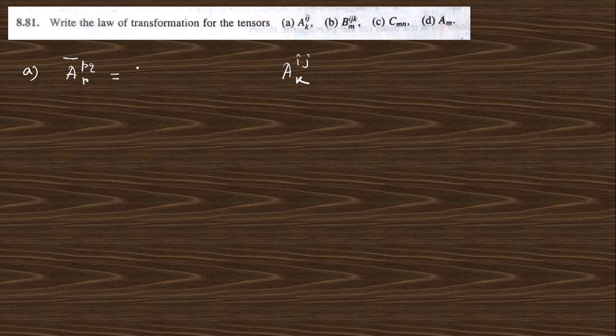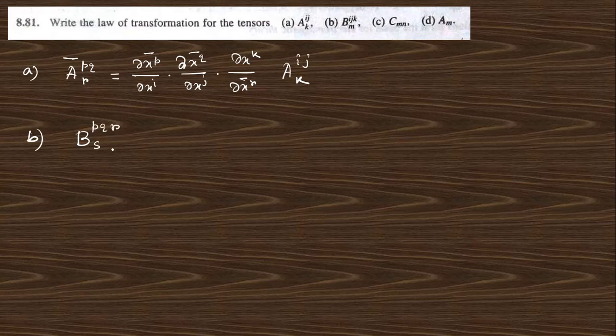So this p is upper, so you need to write x p here, and p changes to i, so this is x i. Similarly q is upper, so del x q bar means transformed x j, and r is lower, so you need to write r here and k here. Clear? Next for B, this is B p q r s.